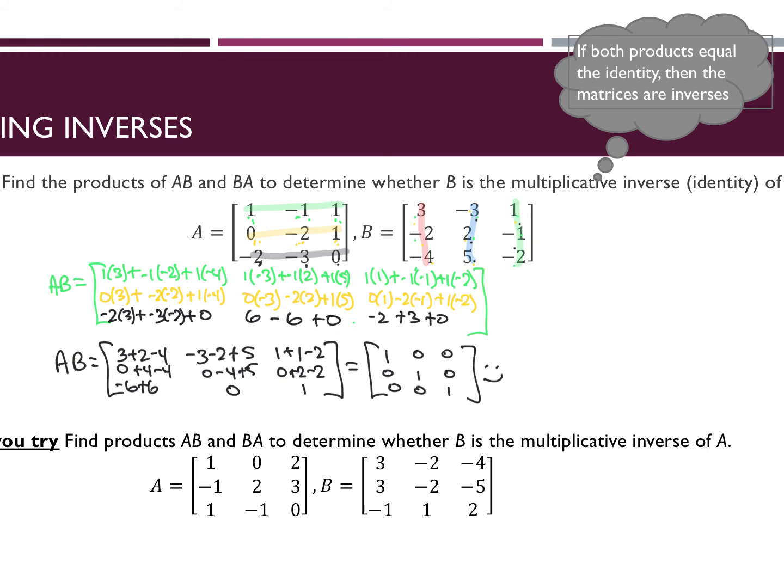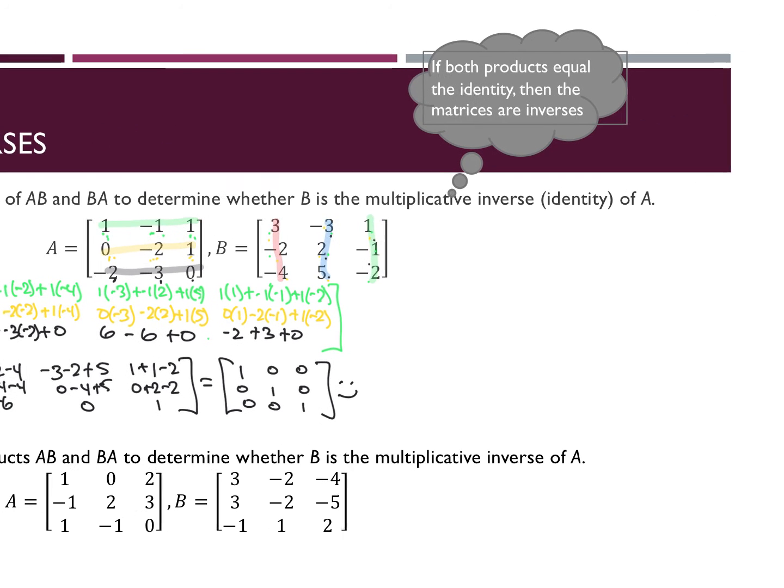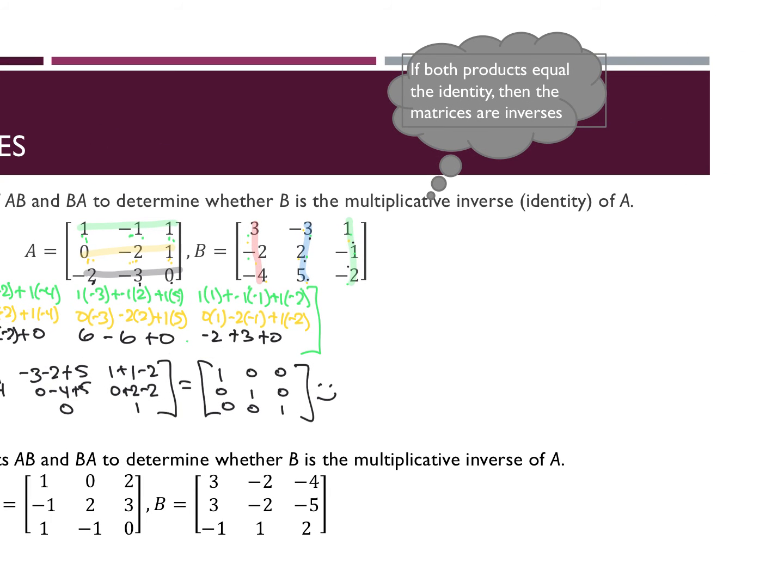Okay, so what we'll do now is the exact same thing, except now we'll do B times A. And because I don't like looking at my rows and columns backwards, I will recopy A and then redraw my rows and columns.